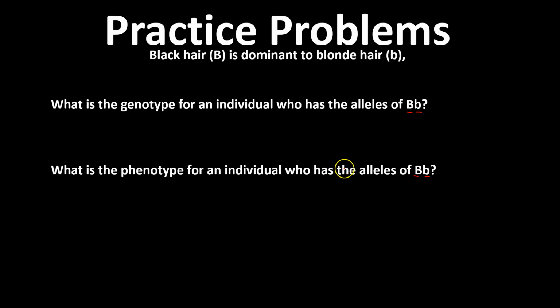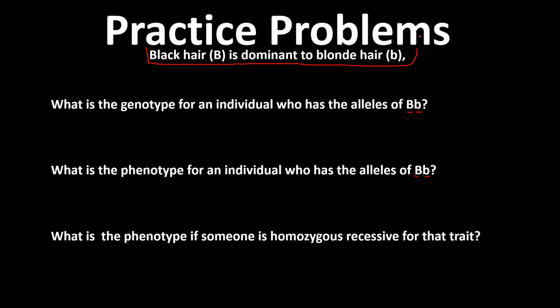Okay, what am I going to see? And refer back to this information right here. What is the phenotype if someone is homozygous recessive for that trait? So what am I going to see if they are homozygous recessive? Okay? Go ahead and answer those questions.